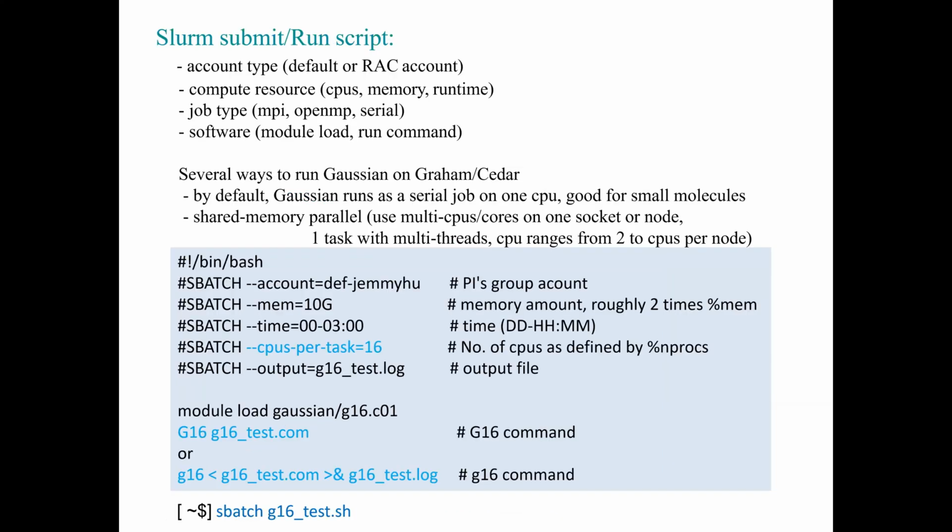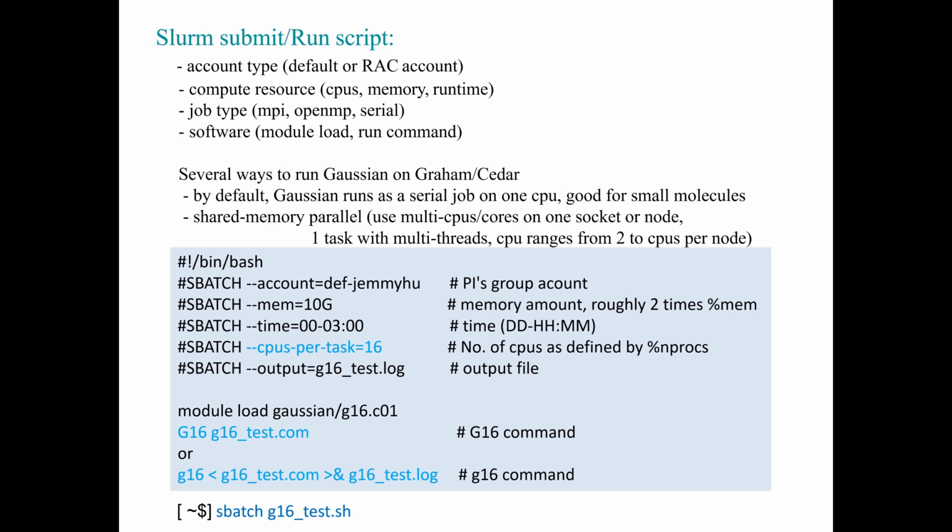Okay. So on the cluster, unless you do interactive jobs for some testing, otherwise all the jobs will start from a run script. We call it a Slurm script. You understand it does pretty much three types of things.